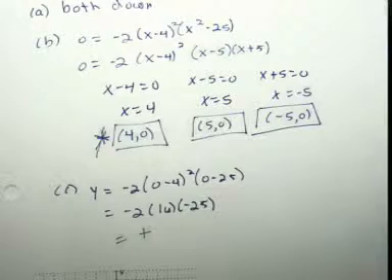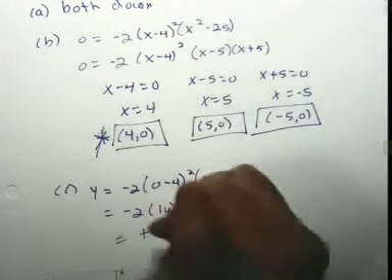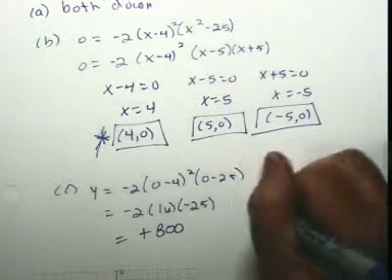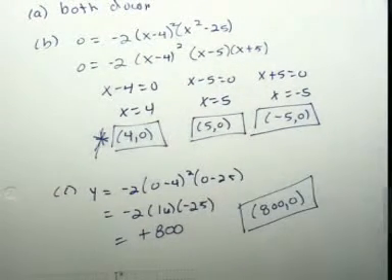Negative times negative is going to make it positive. 32. Someone check that on their calculator. Okay.